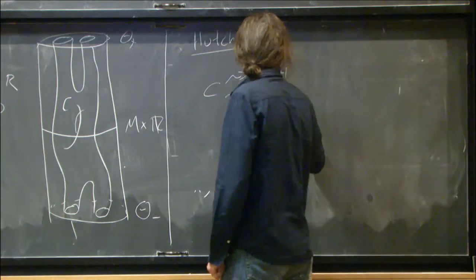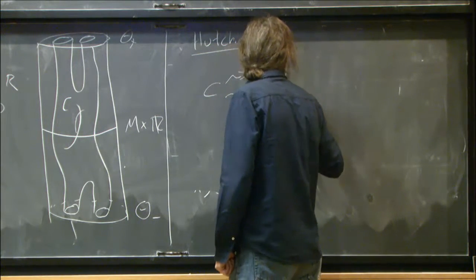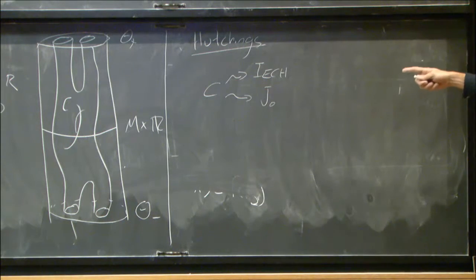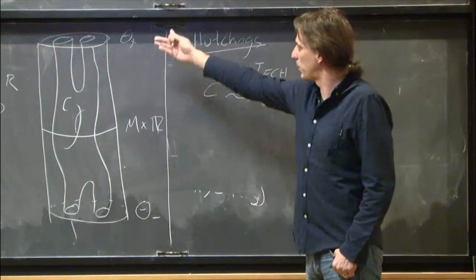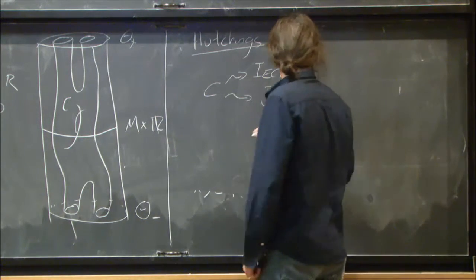So we have the first one, J0 of the curve. So this is, again, a variant of the ECH index, which is meant to bound the complexity, the topological complexity of the curves being counted. So give some sort of a filtration.